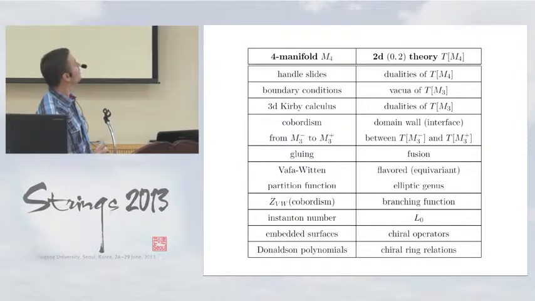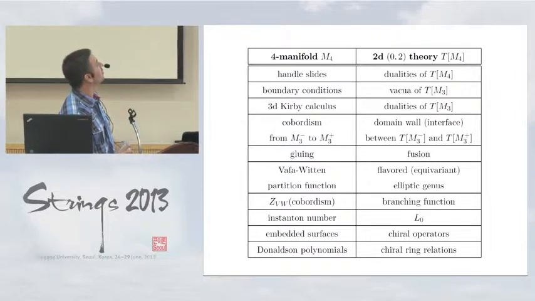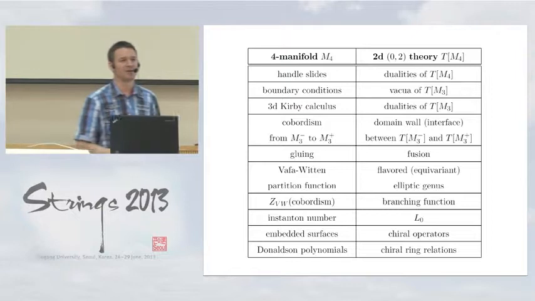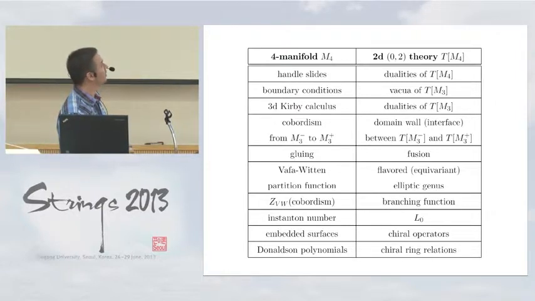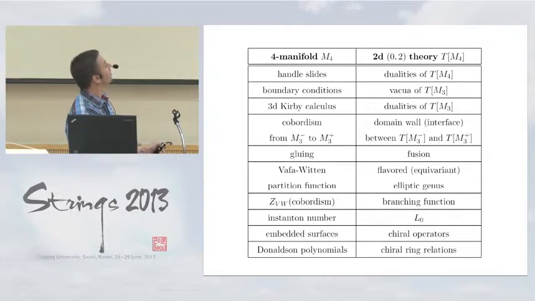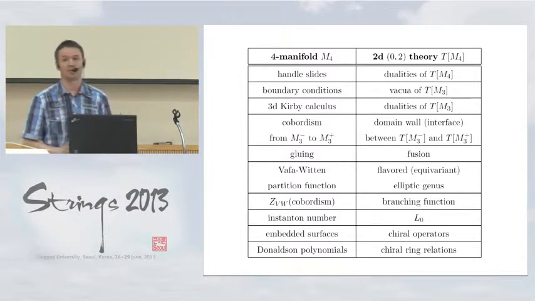So to summarize, there is a dictionary between 4-manifolds and 2-dimensional heterotic-like theories, which don't have to be non-anomalous. That's okay, because they may couple to 3-dimensional theories. In these moves, so-called handle slides or Kirby moves correspond to various dualities of either 2-dimensional theories or 3-dimensional theories associated to the boundaries.